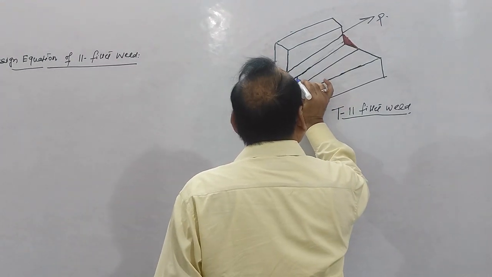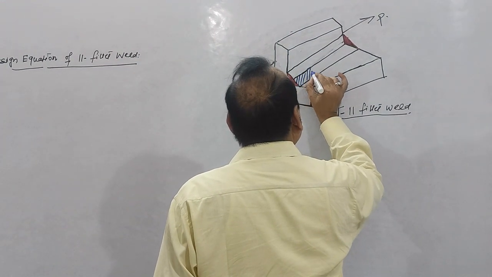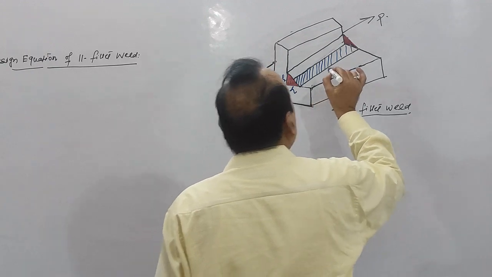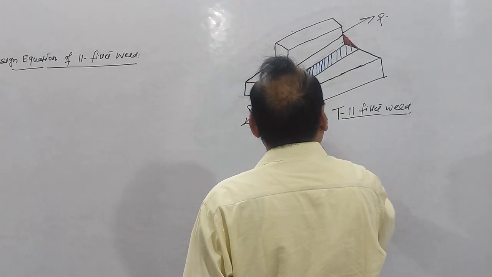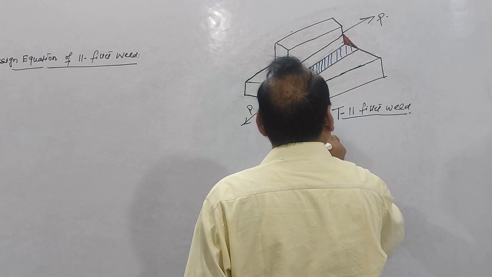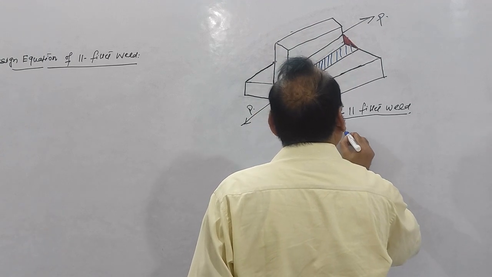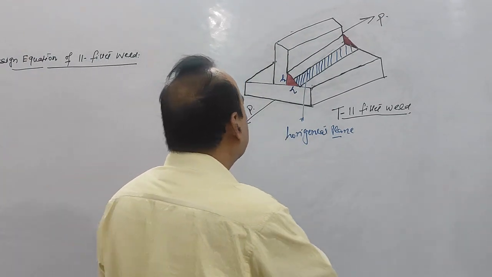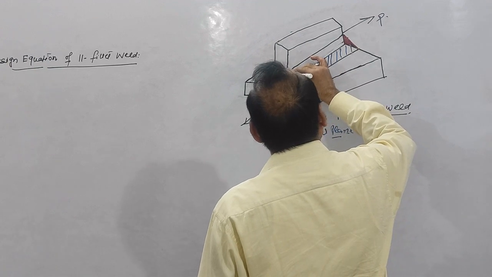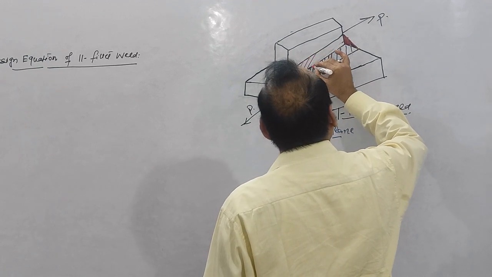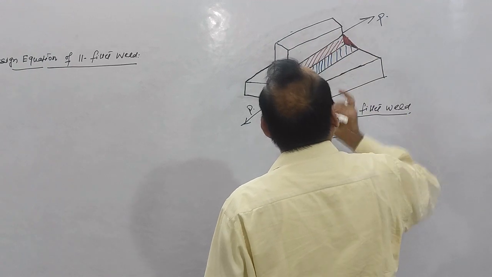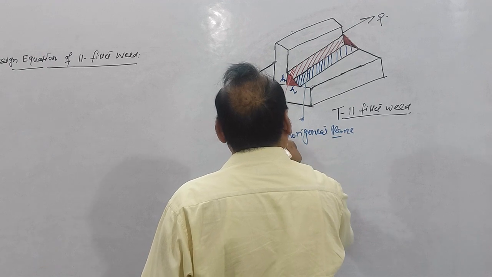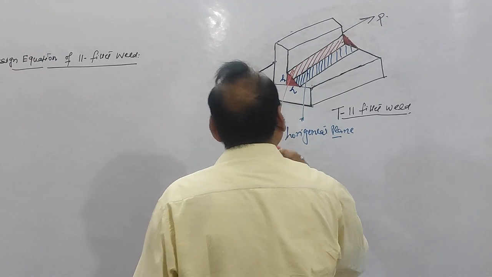Now if you consider this one which I am showing with the blue pen, you can say this is your horizontal plane, and this portion is your vertical plane, right?